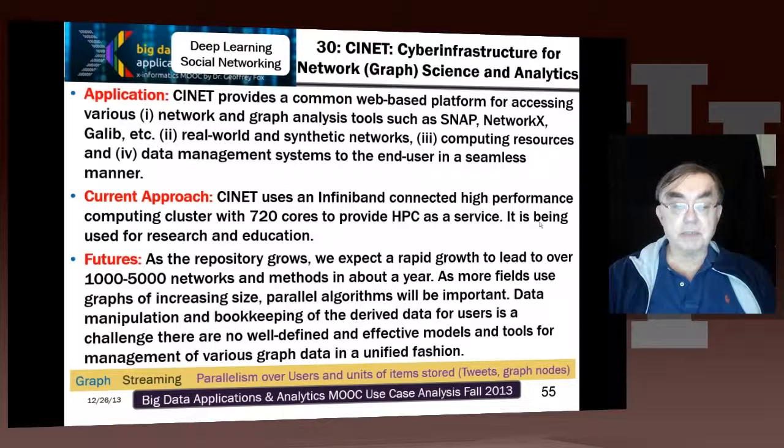So it's expected to grow in size. It's already being used in classes, and it's looking at how to actually use clouds to provide a more flexible, elastic resource. Because at the moment, if it gets too many users, then it just runs out of space. So elastic clouds are a natural approach to this problem.